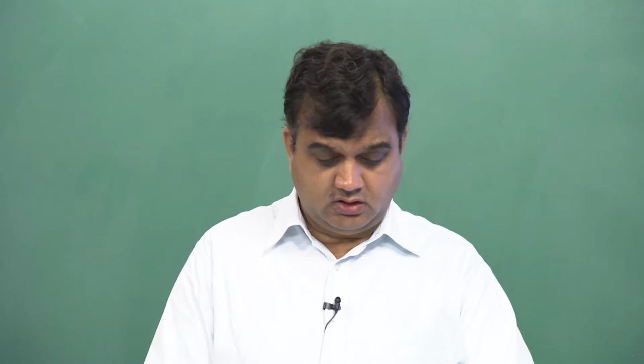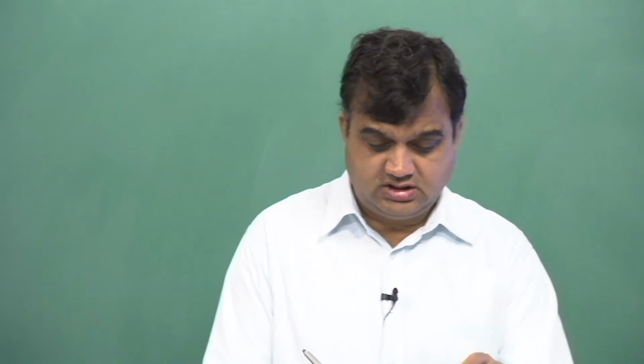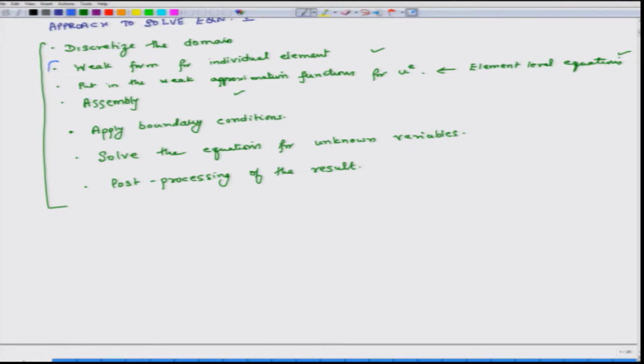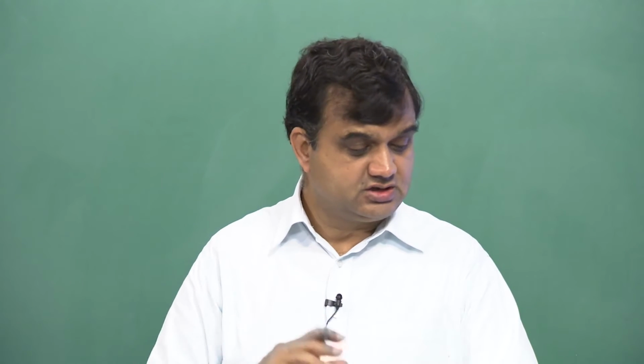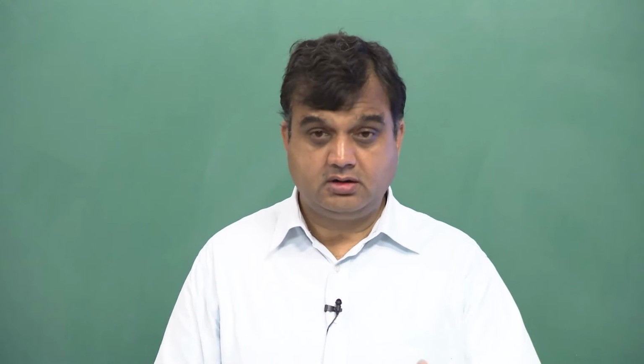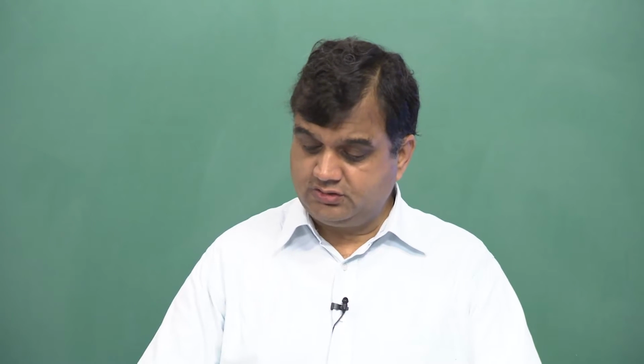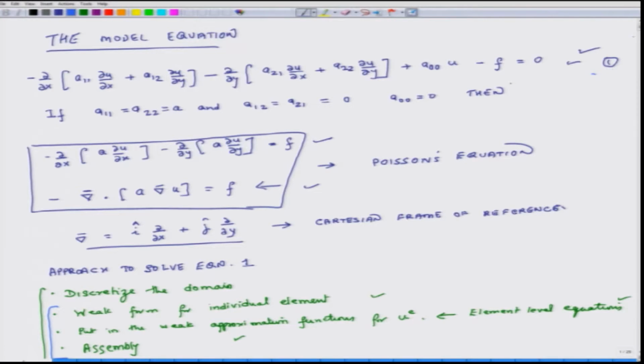And then also the assembly of the equations. So, these three things are significantly different in two dimensions, and if we learn how to do it in two-dimensional space, then it is easy to graduate to three-dimensional systems, because there the concept essentially remains the same. So, with that intent we will develop a finite element formulation to solve this equation 1 or its simplified version, which is the Poisson's equation.